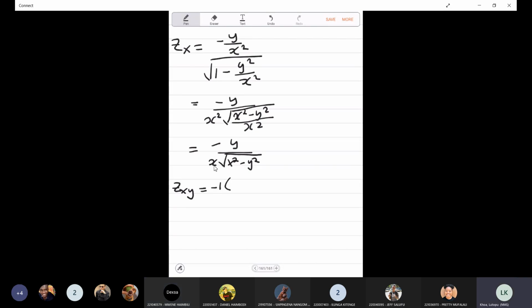You mean this x? Mm-hmm. That is basic algebra. This is the same as the square root of x squared minus y squared over the square root of x squared. Okay. Yeah, I get it.